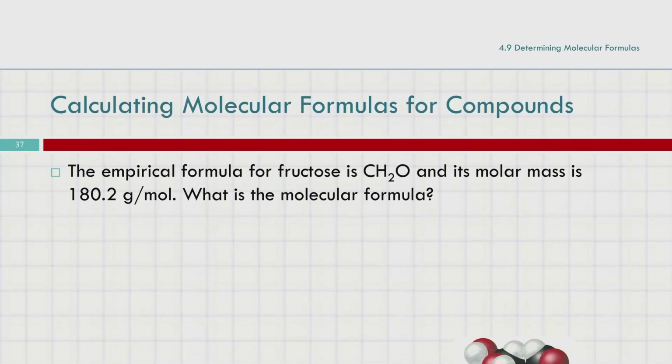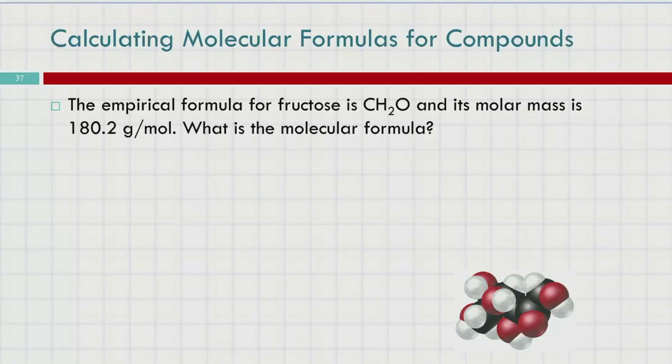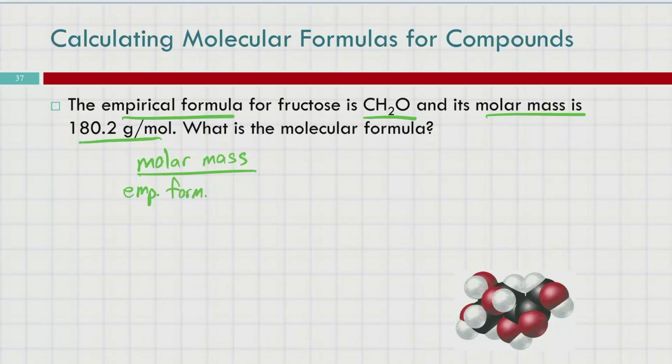For example, the empirical formula of fructose is CH2O. Its molar mass, being its molecular molar mass, is 180.2 grams per mole. What's the molecular formula? So we want to do molar mass over empirical formula molar mass. This will give us whatever our N value is.